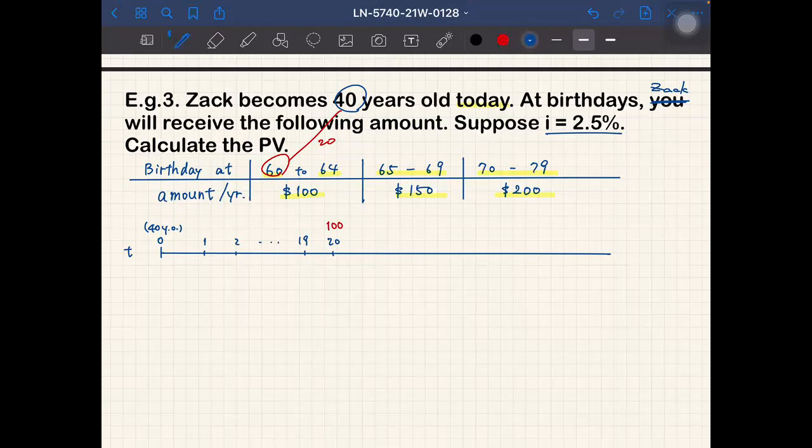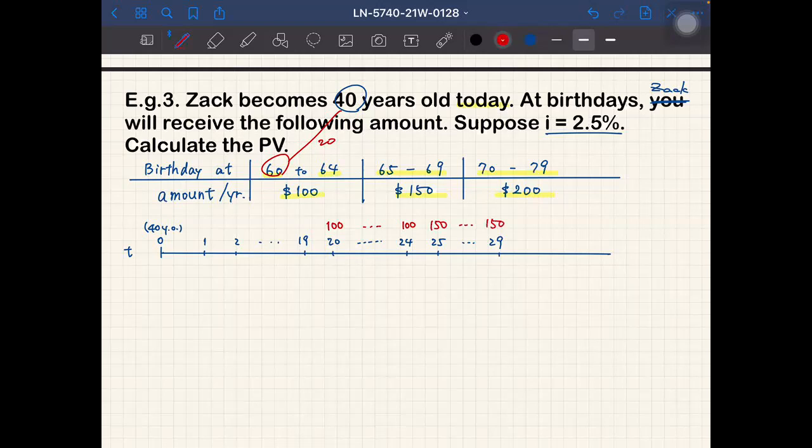So 64 years old means t is equal to 24. Basically we shifted by 40 years. So we have 100 each at time 20 to 24. Then at time 25 to 29, he will receive 150.